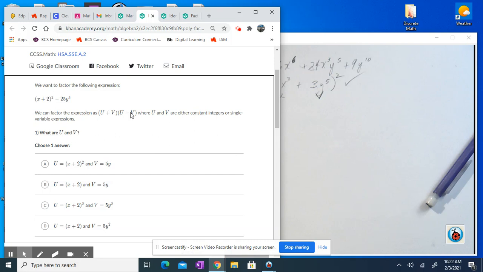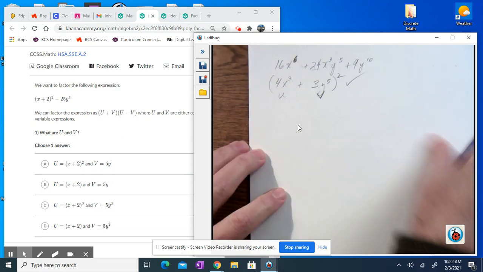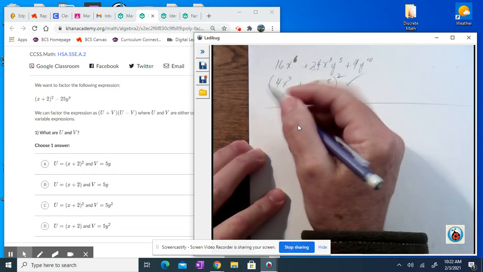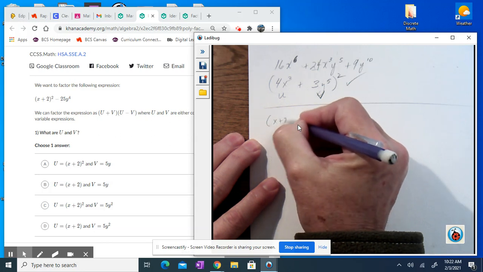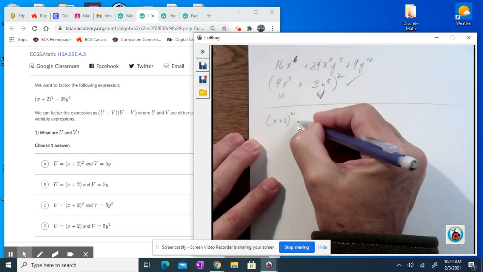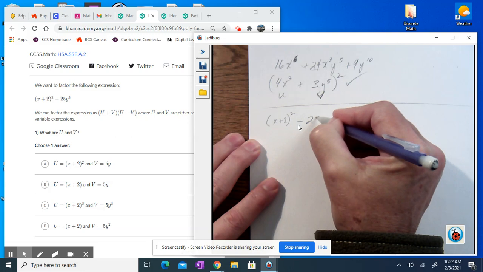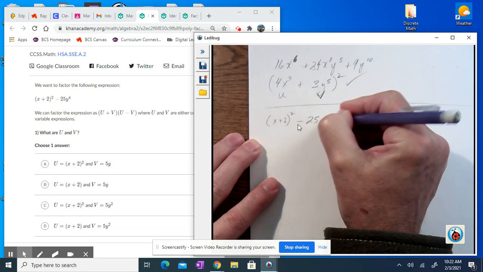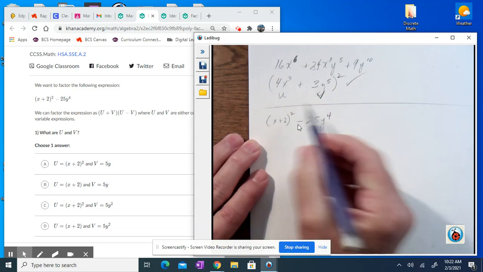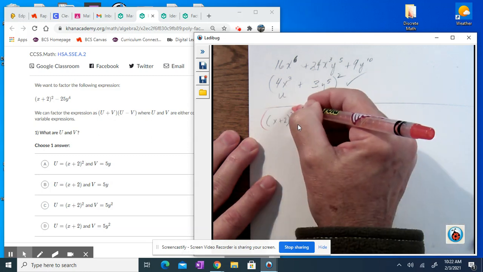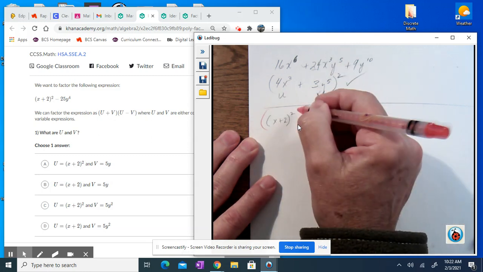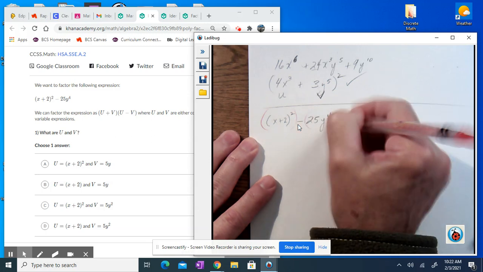All right, now this one they're saying is a difference of squares. So let's see. (x + 2)² − 25y⁴. All right, so it's breaking it up into this right side and this side.